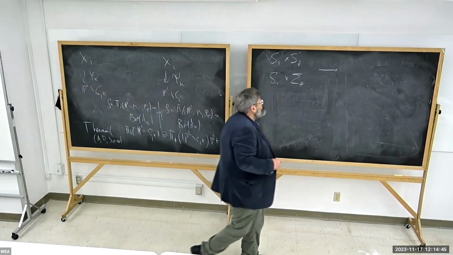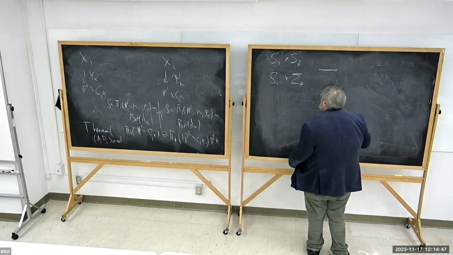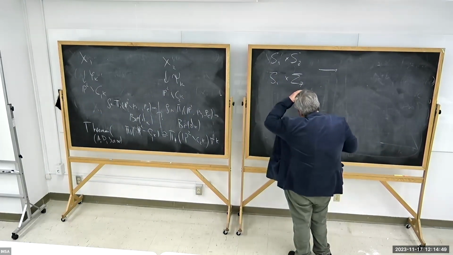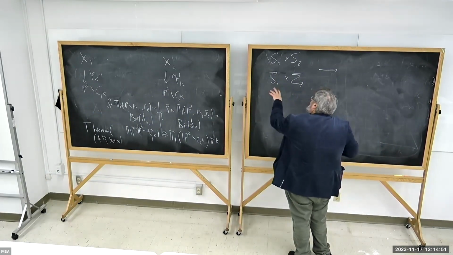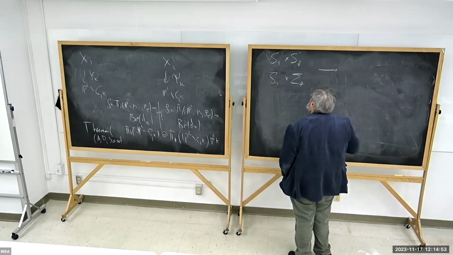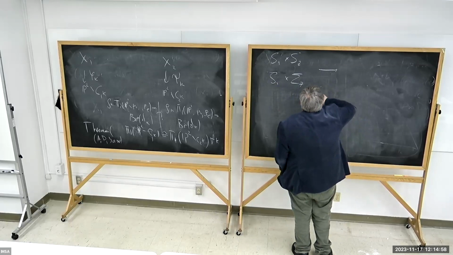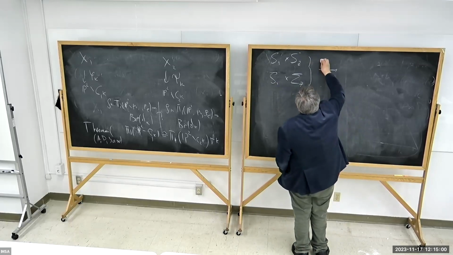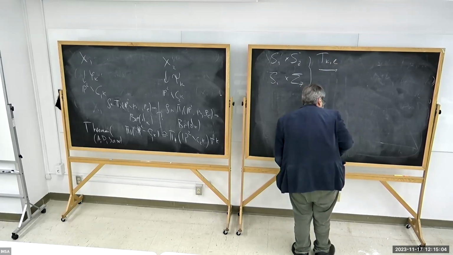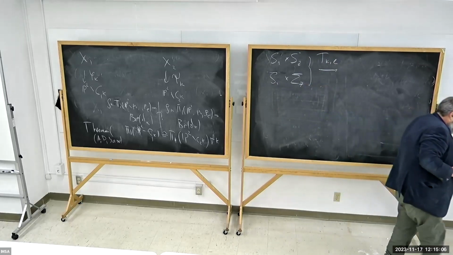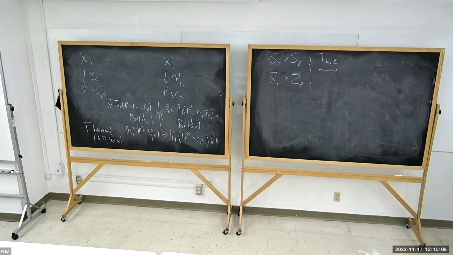First of all, you can put an additional action in the direction of S1, and they are all obtained from one another by these surgeries, depending on two parameters, which were called generalized log transforms in the corresponding talks.